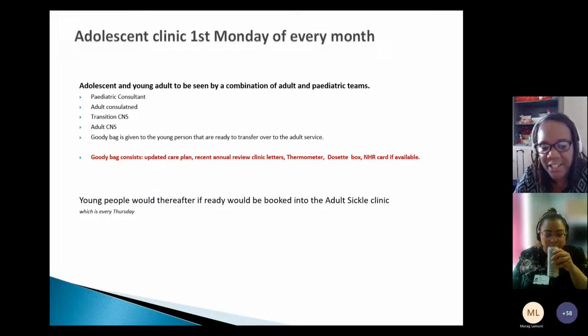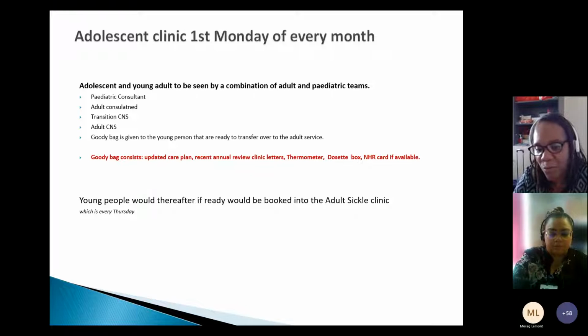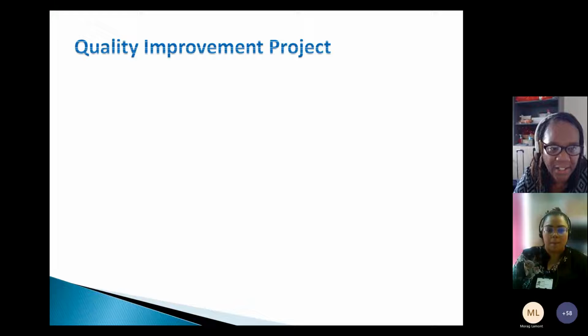Then after that, they come into the adult clinic, which is when I'll be seeing them, when I set up my nurse-led virtual clinics.